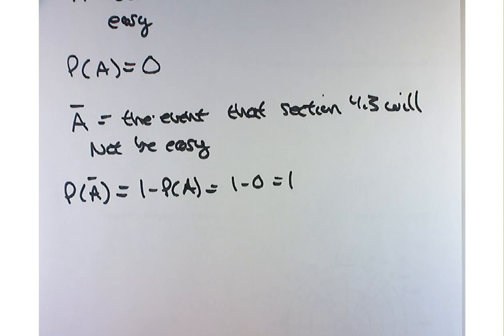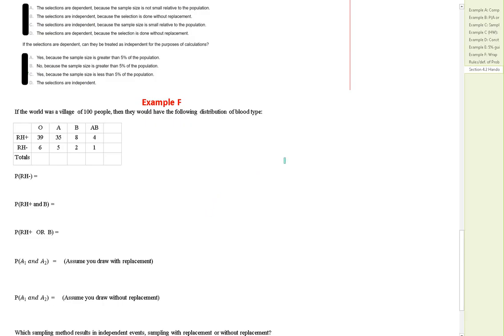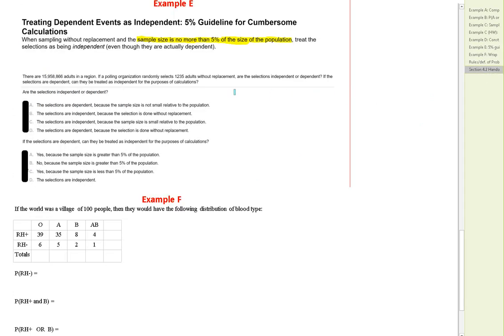So let's take a look at calculating certain events. And in particular, let me go back and look at our 5% rule here. It says when sampling without replacement and the sample size is no more than 5% of the size of the population, treat the selections as being independent.